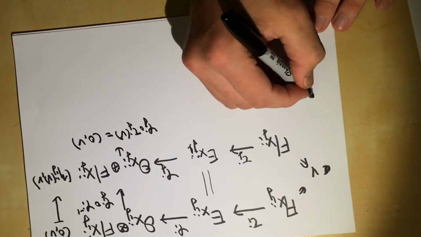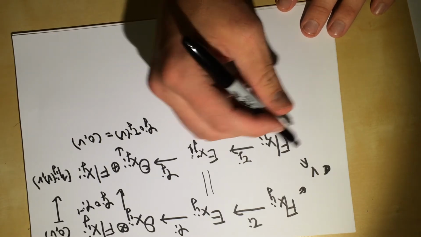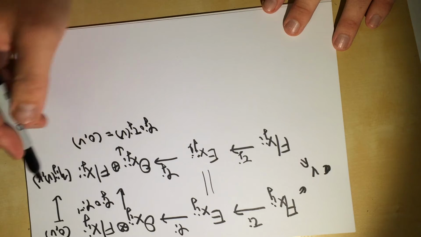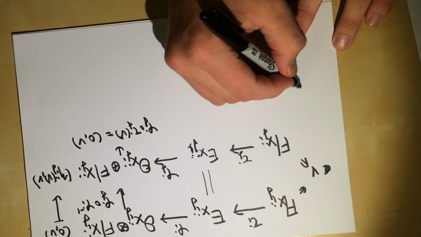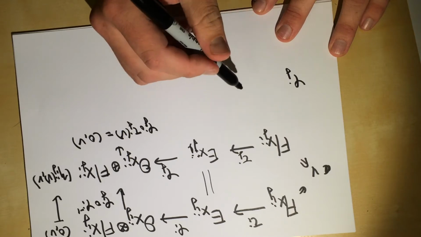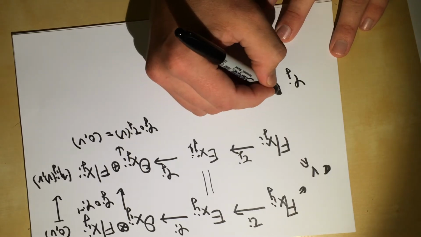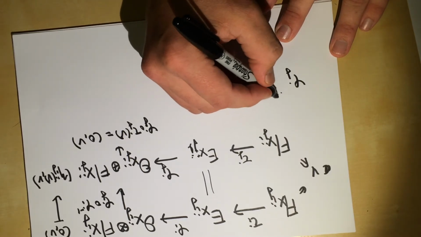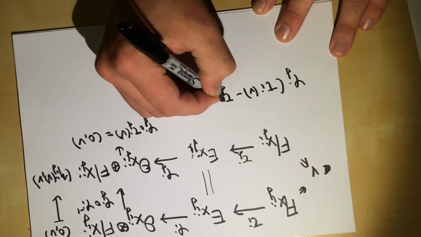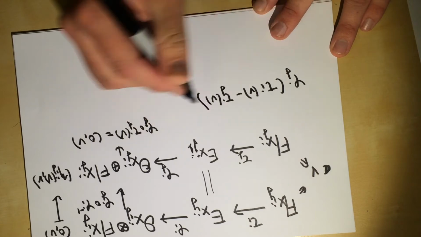And so what does this tell us? So when we take the difference of these two things, phi j composed with, let's say, tau I of v minus tau j of v. So we have these two things.